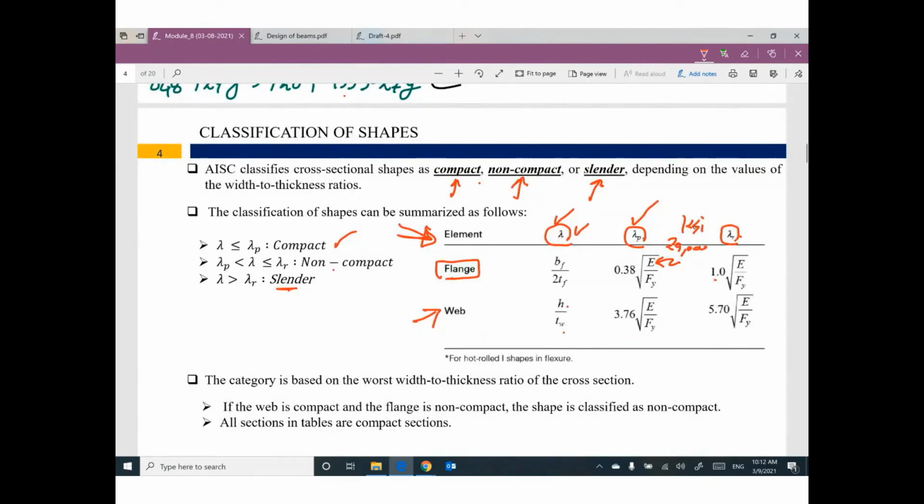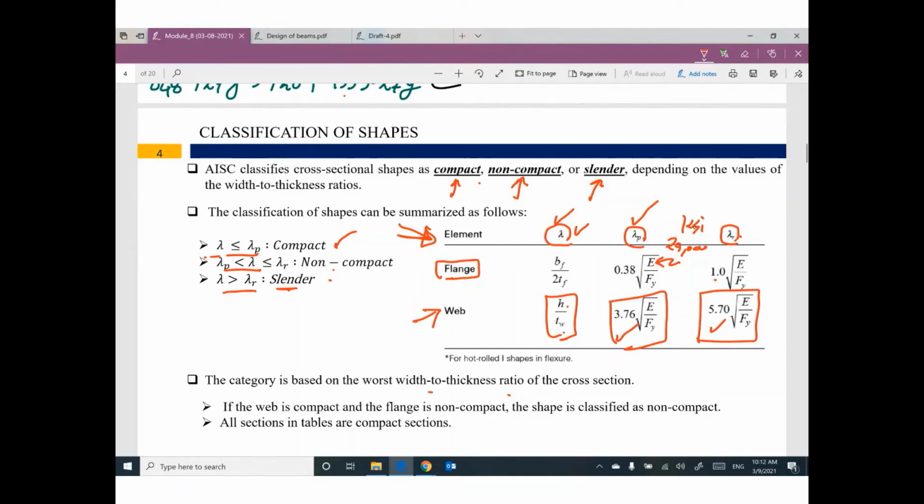And you can get lambda plastic for the web and lambda R for the web. And then make a comparison between lambda, lambda P, and lambda R based on this relation. Based on this relationship, I can figure out compact, non-compact, and slender. Make sure the category is based on the worst width to thickness ratio of the cross section.